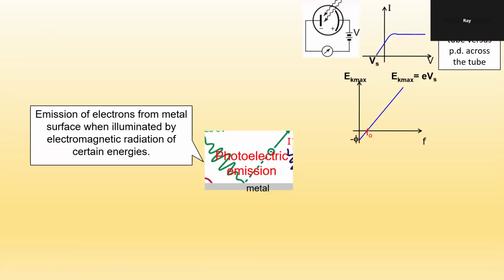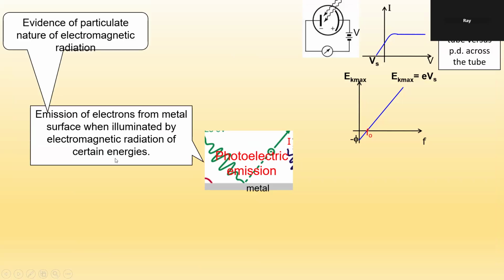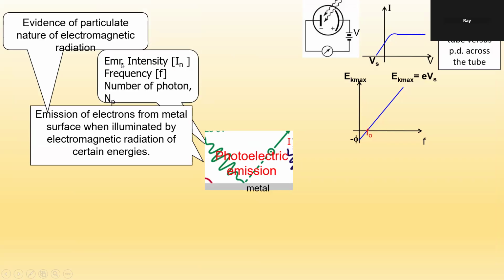Okay, summary for you. What is photoelectric emission? Emission of electrons from a metal surface when illuminated by electromagnetic radiation of certain energy or certain frequency. Photoelectric emission is evidence of the particulate nature of electromagnetic radiation. Electromagnetic radiation has intensity, frequency, and number of photons emitted per second.